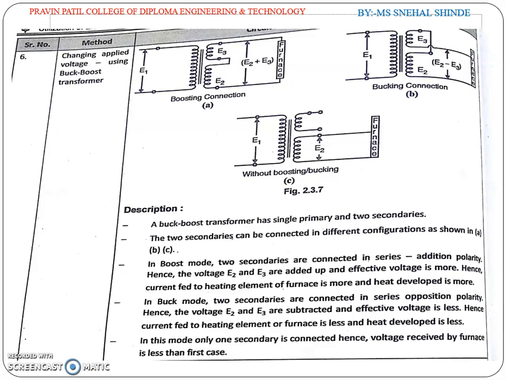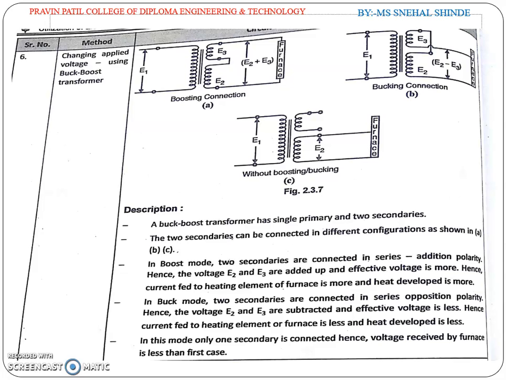Hence the voltages E2 and E3 are added up and effective voltage is more. Hence current fed to the heating element of furnace is more and heat developed is more.